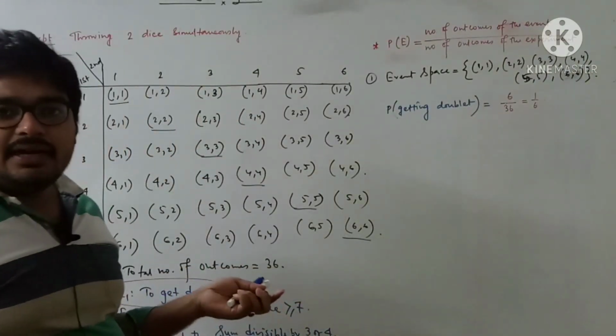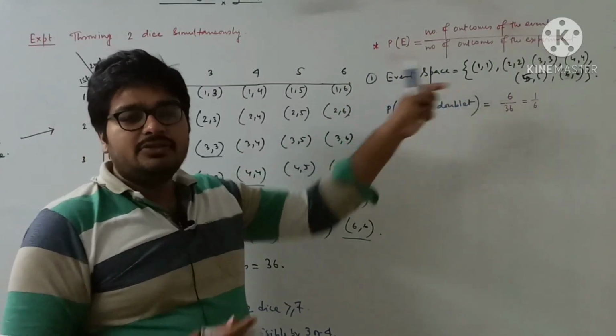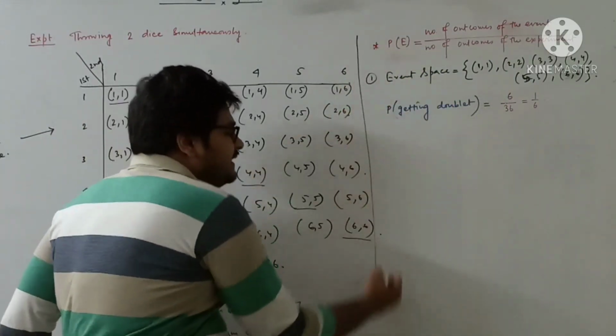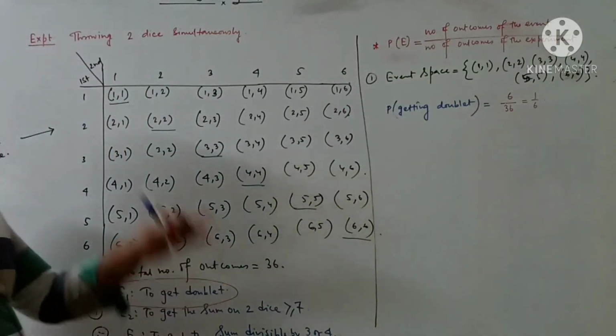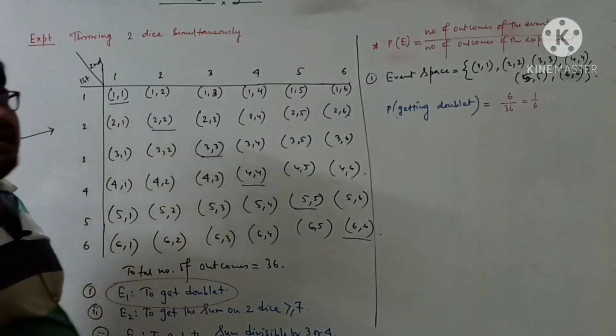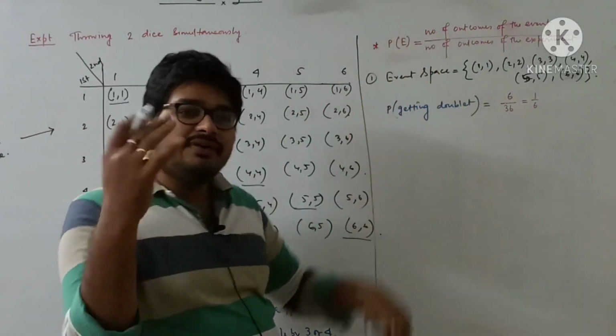So these are the event related outcomes. So this is called the event space. So don't mix the event space and the sample space. Sample space is the experiment related outcome, and event space is actually event related outcomes.